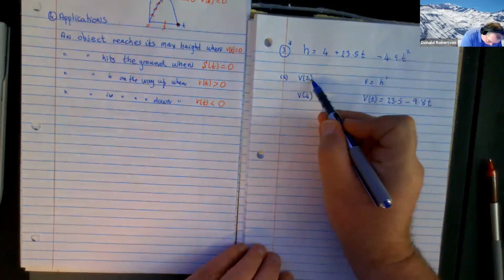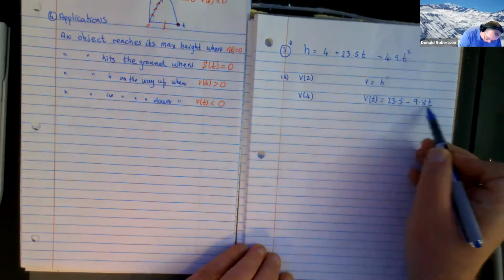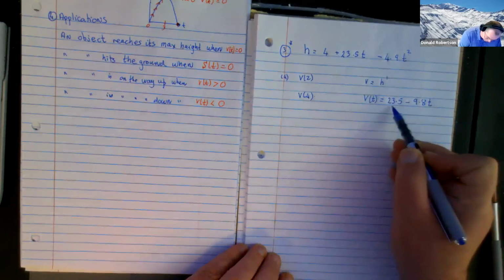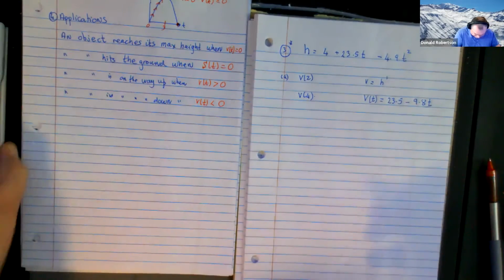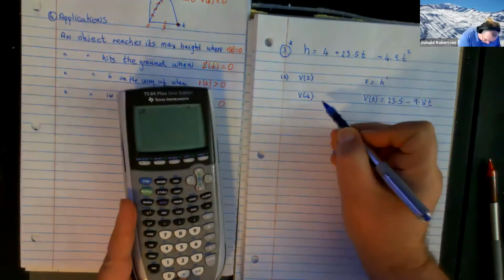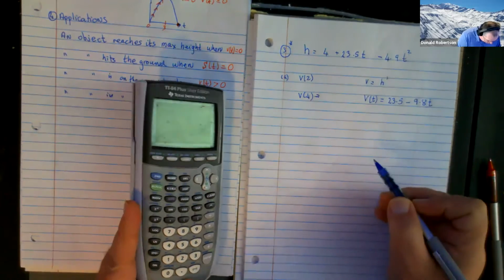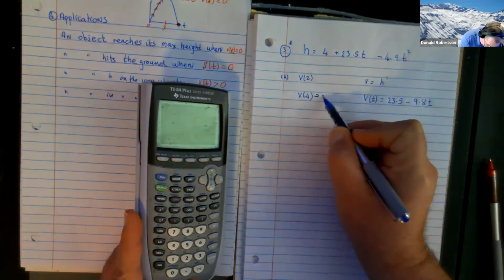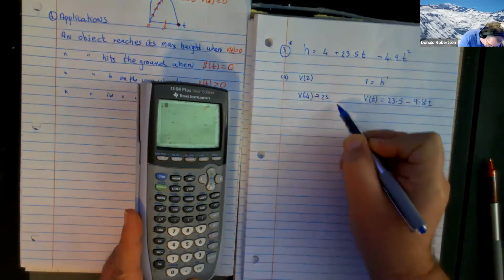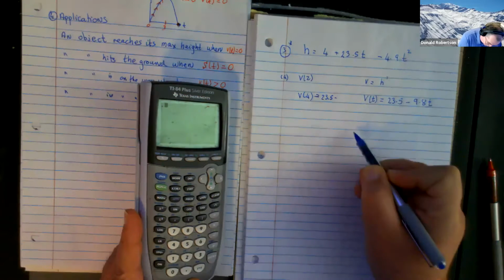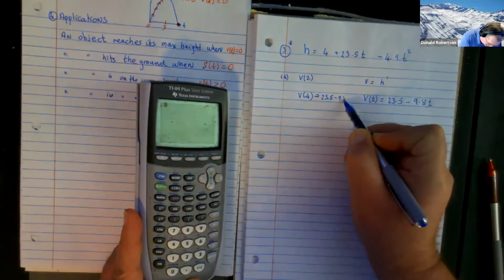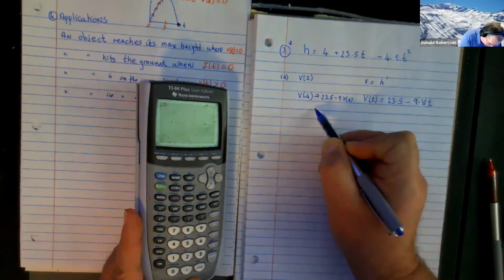So you want to know the velocity at the 2-second mark, plug in 2 here. You want it at the 4-second mark, plug in 4 here. I'll just do one of them. Let's do 4. So that would be 23.5 take away 9.8 times 4 seconds.